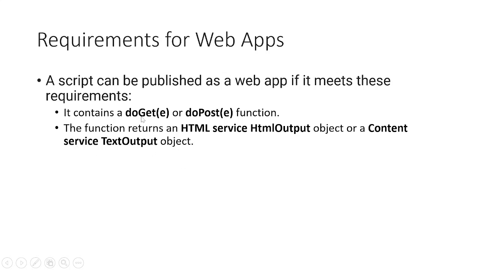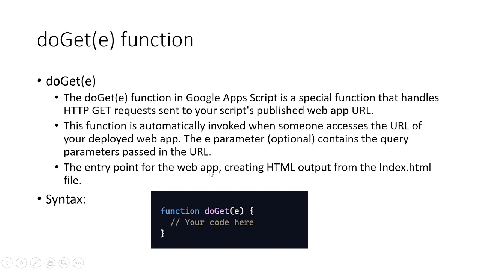We're going to concentrate first on the doGet. The doGet function is a special function that handles an HTTP GET request. Just a review, if we are going to access an outside resource, we have to create a request, and it could be either get or post.